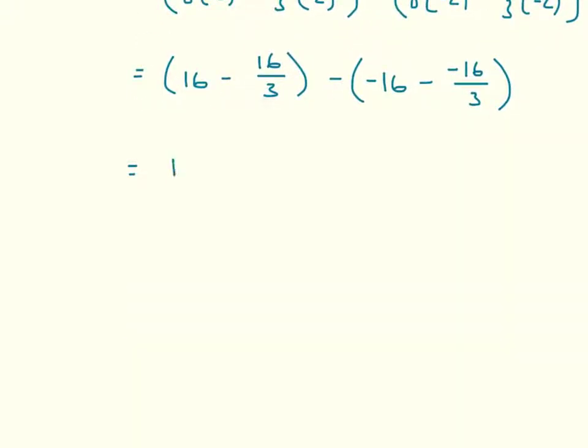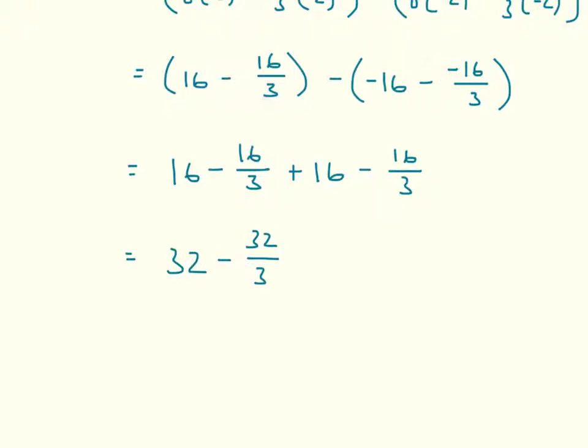Okay, just a little bit more to go. So we've got 16 minus 16/3 plus 16 minus 16 over 3. Here we've got 1, 2, 3 negative signs, which gives us minus. And we've got 32 minus 32 over 3, which gives us a final answer of 64/3.